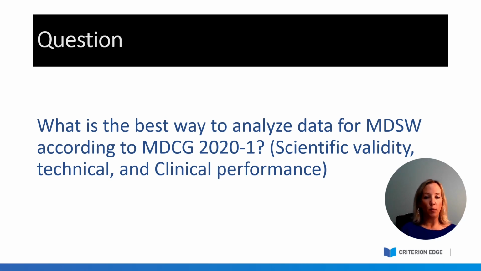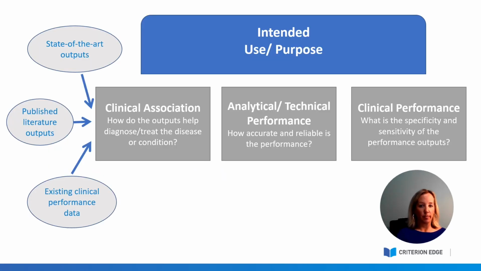What is the best way to analyze data for medical device software according to MDCG 2020-1, including scientific validity and technical and clinical performance? I don't think there's just one answer for how to analyze your data, but SPSS tools are handy, and of course there are other in-house tools.